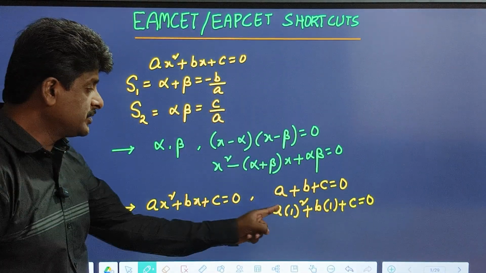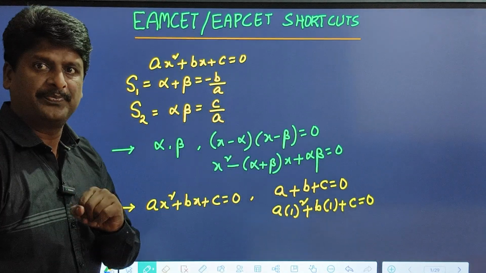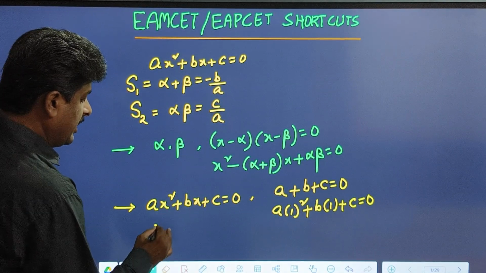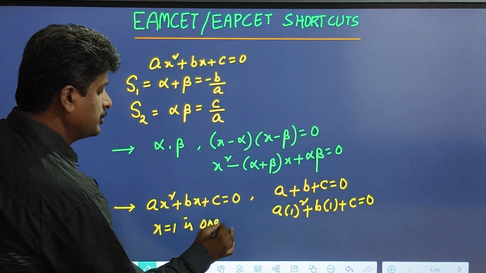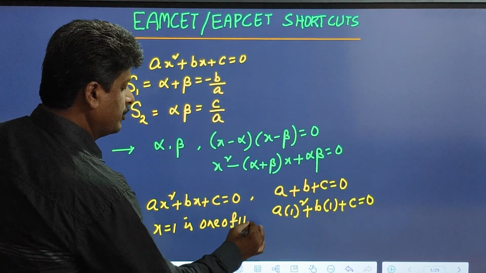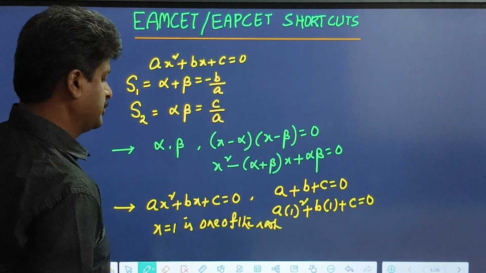Very clear, it is looking like ax square plus bx plus c is equal to 0. So x is equal to 1 is one of the roots.